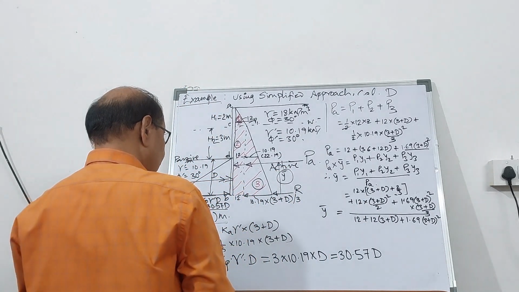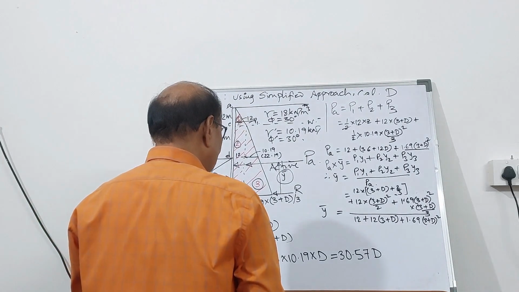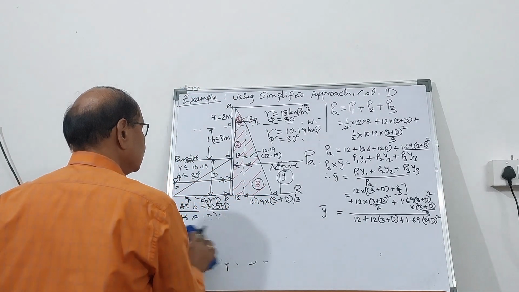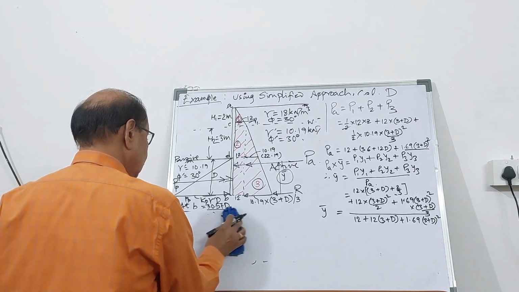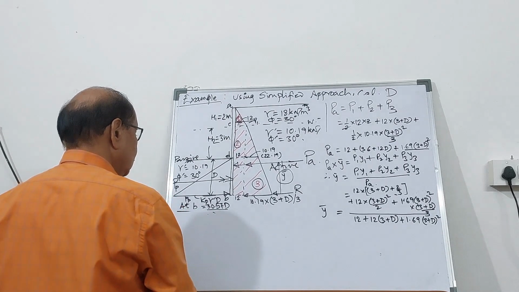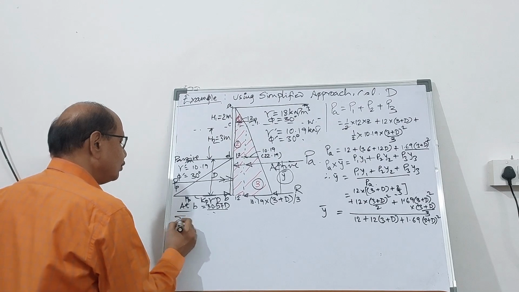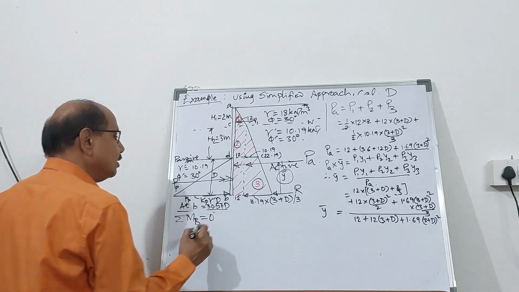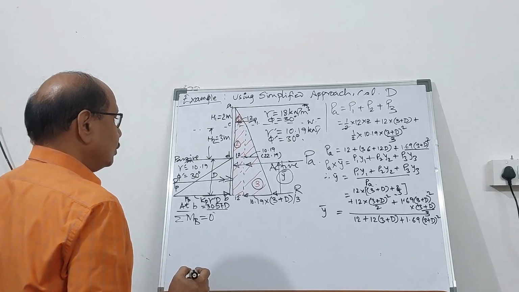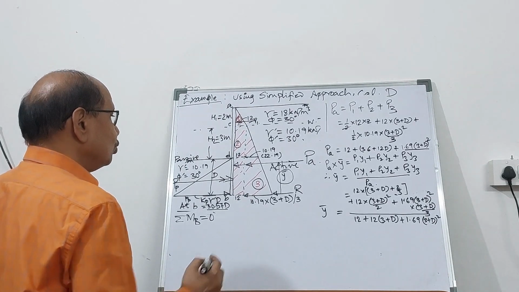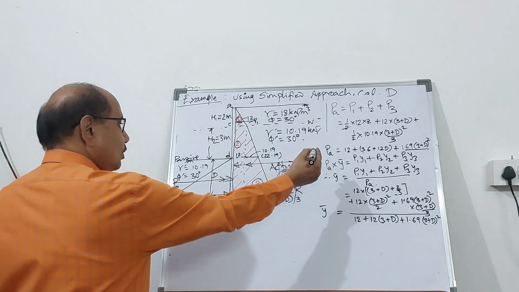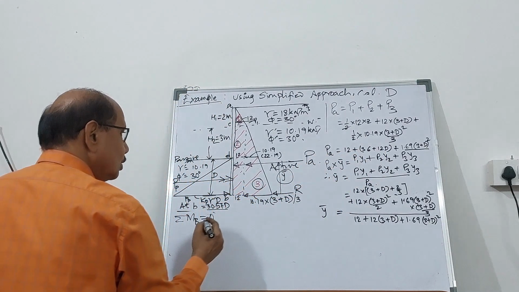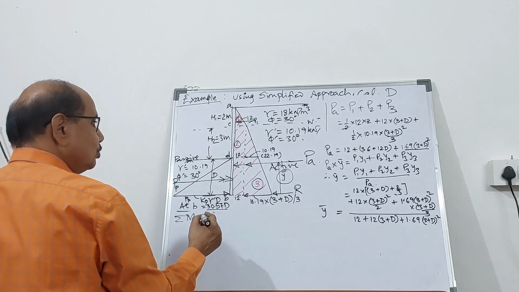Now, if you take a moment, the algebraic sum of moments of all the forces about B must be equal to 0. So already you know P1, so PA is already known to you, and y bar is also known to you.